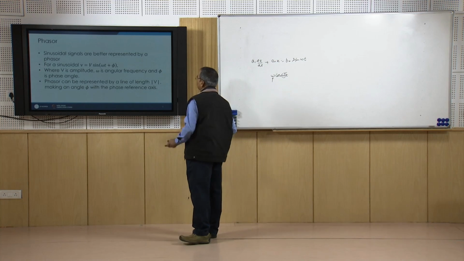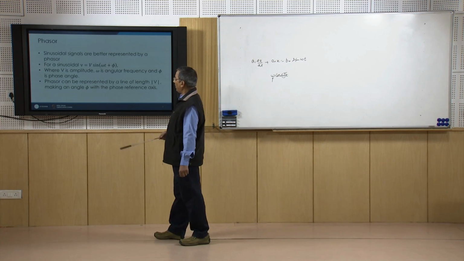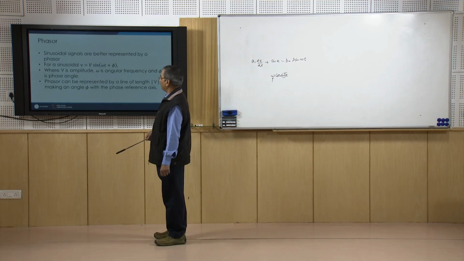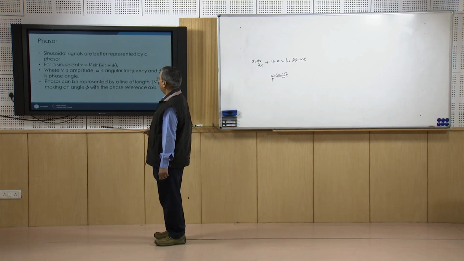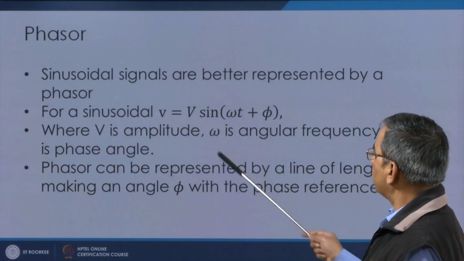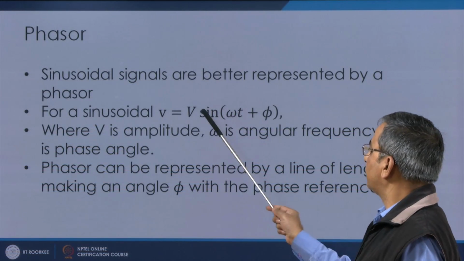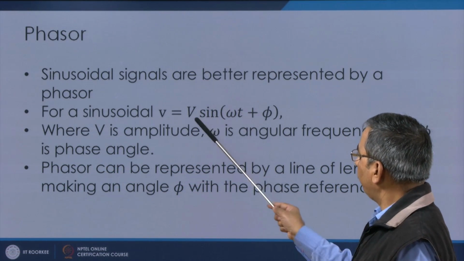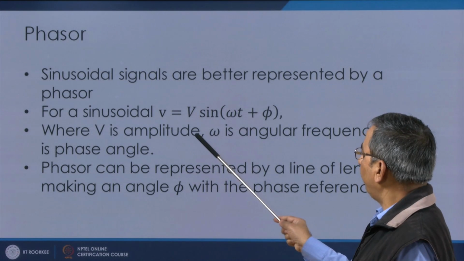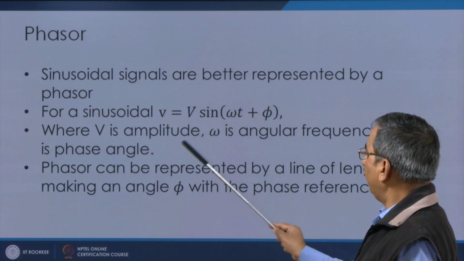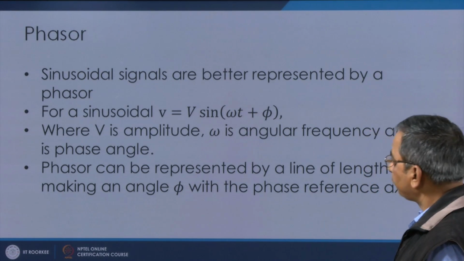These sinusoidal signals which I have been talking about are better represented by a phasor. For a sinusoidal signal, say V is equal to capital V sin of omega t plus phi, here capital V is the amplitude, omega is the angular frequency and phi is the phase angle.